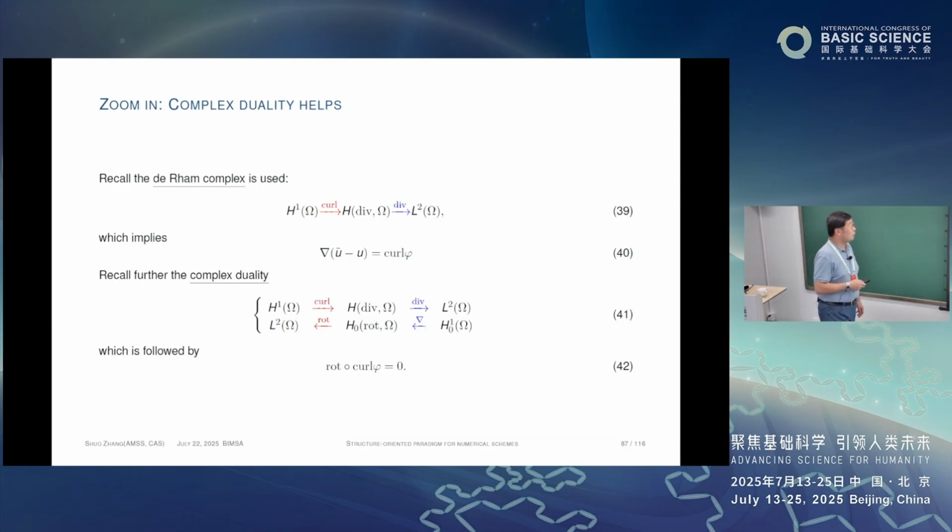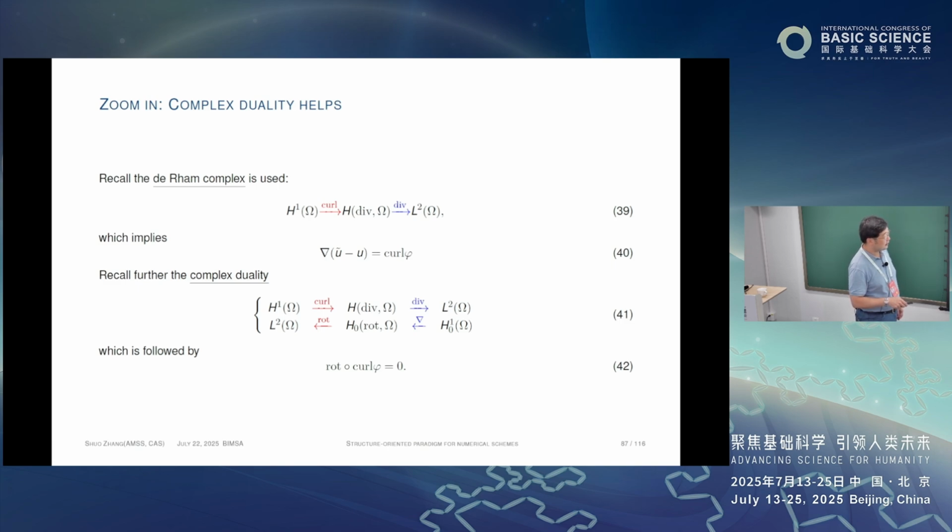So what is the role of the complex? Here, there is not only a complex, but also a complex duality. Because this one is divergence free, it equals curl phi for some phi. This is the first. And also we can see there is a dual complex. This one is the compact complex.